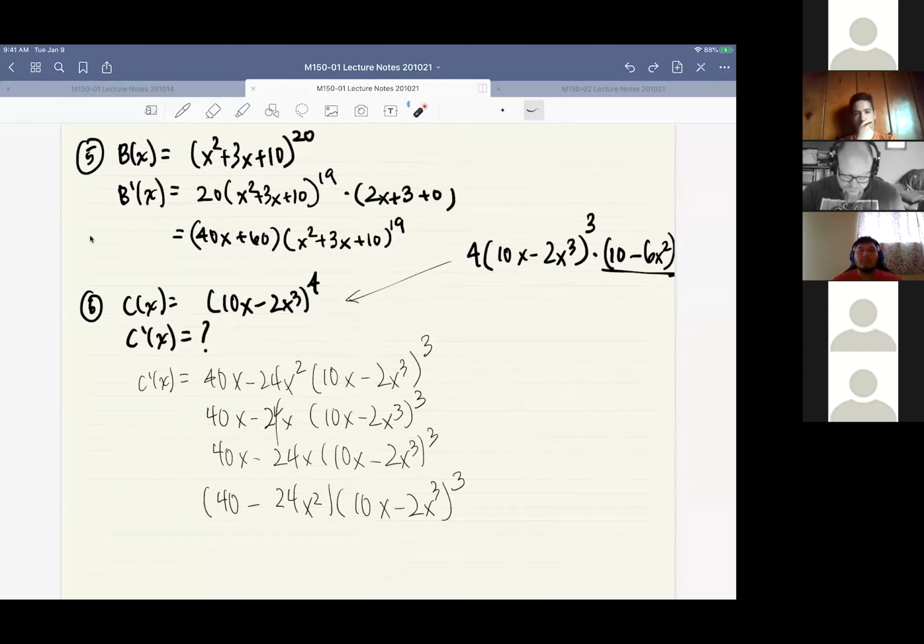But if you wanted to multiply it out a little bit more, you could multiply the 4 through the other thing and get this. Okay, and that's perfectly legit. All right, let's do one more example and we'll take a break.